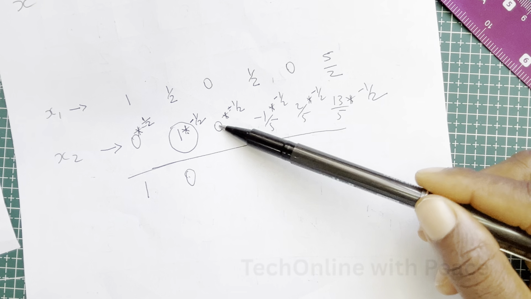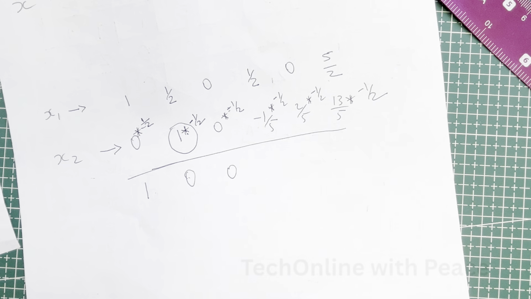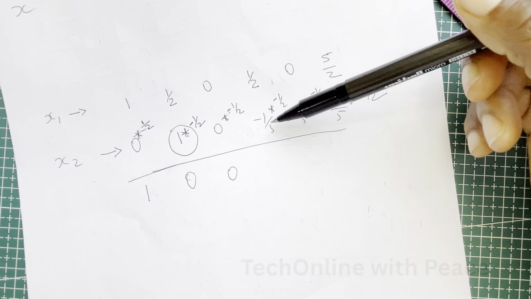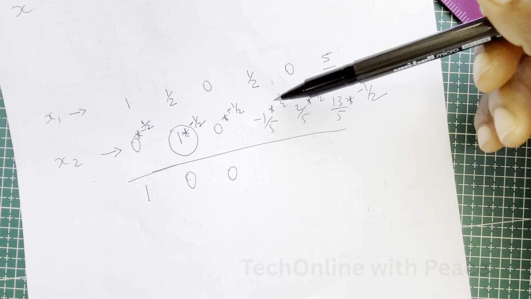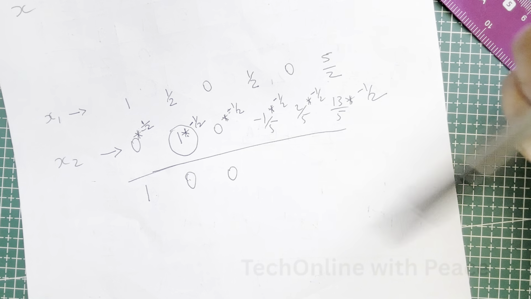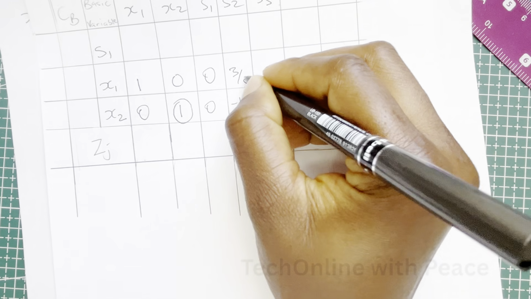Minus 1/2 times 0 is 0. 0 plus 0 is 0. We write 0. We come here, write 0. For this, minus 1/2 times minus 1/5, we have plus 1/10. So 1/10 plus 1/2 will give us 3/5. We have 3/5 here.